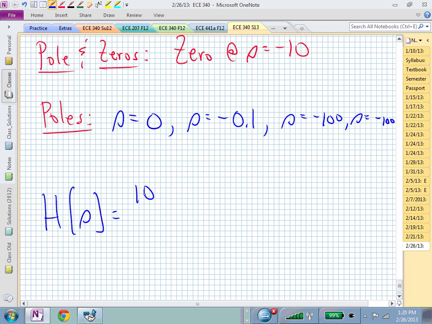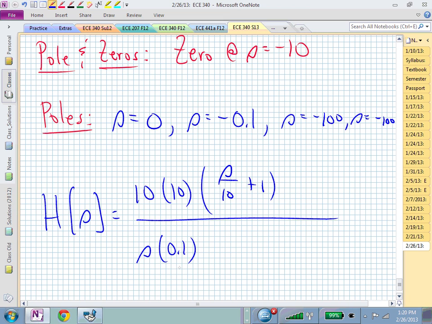Upstairs we started with a 10, but we then also factored down a 10 for that zero, and we had s over 10 plus 1. Downstairs we had a pole at the origin, then we had a pole at negative 0.1, so we'll factor that out.